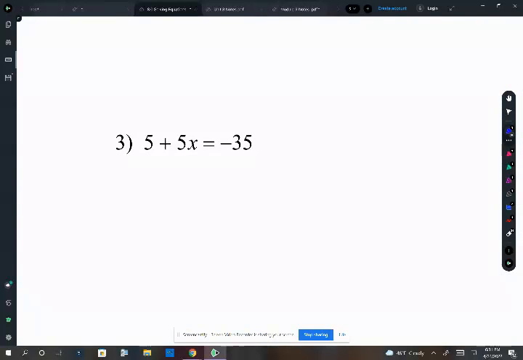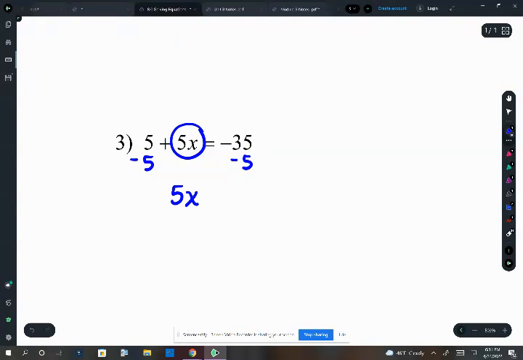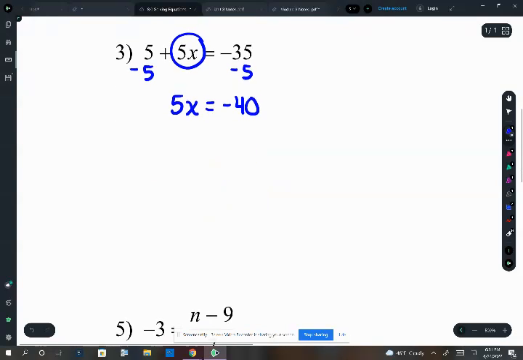We've got one-step and two-step equations, which I think we're okay with. Again, here's your letter term. And so we've got a positive 5 we want to get rid of. So we're going to subtract 5 from both sides. We have 5x is equal to negative 40. Now, some of you guys just are trying to skip steps and you're hurrying too quick.